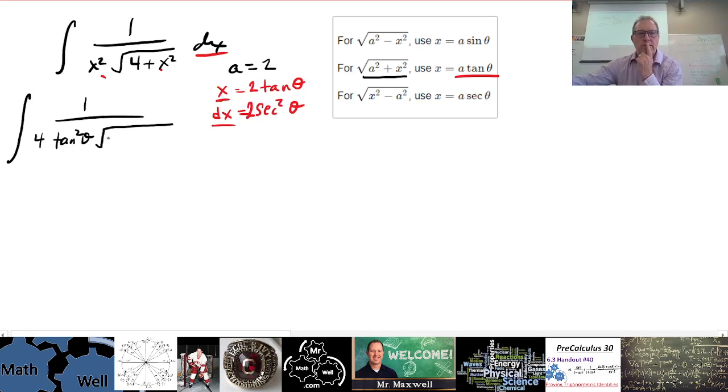So this is going to be 4 plus 4 tan squared theta, and dx is actually going to be 2 secant squared theta d theta. So I'm going to put 2 secant squared theta d theta when I substitute that dx.